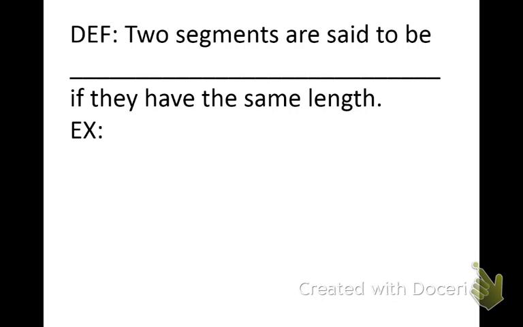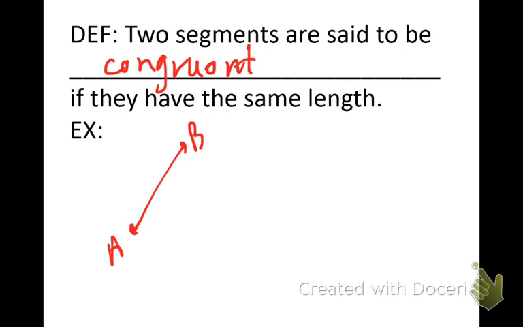Two segments are said to be congruent if they have the same length. So in this picture, we've got AB and CD. These segments have the same length, so we can mark them each with a tick mark.